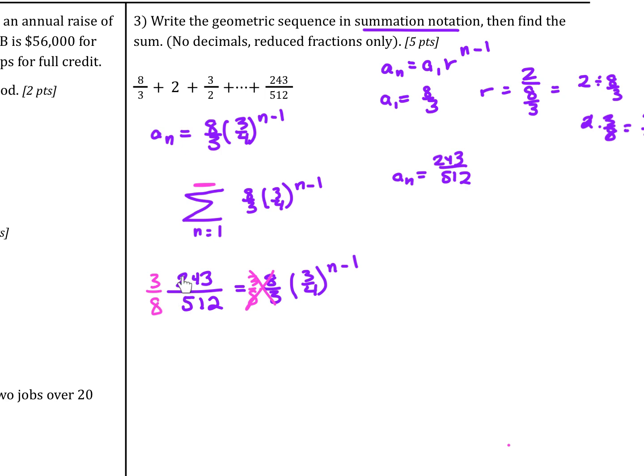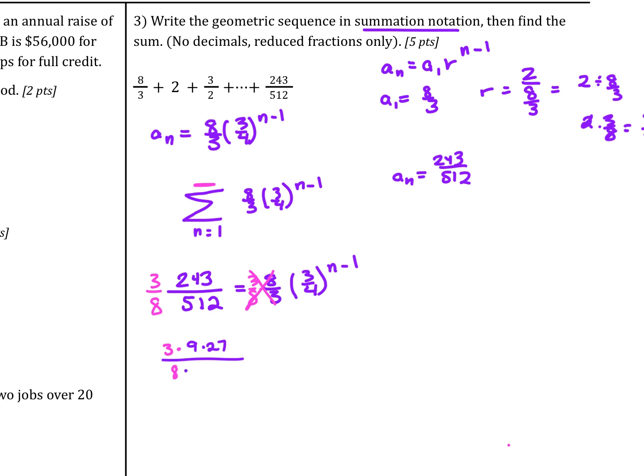So I'm going to break down 243 and 512. So 3 times 243, I can divide 9 into it. So then that becomes 243 is 9 times 27. And then over, I have 8 times 512.